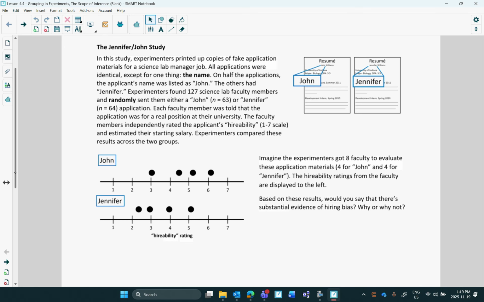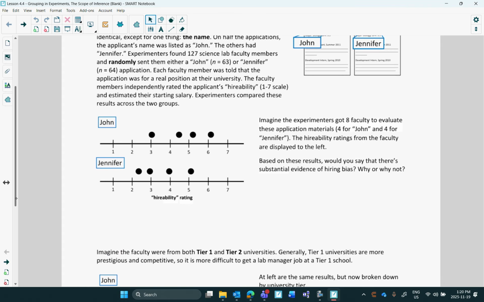Imagine the experimenters got just 8 faculty members to evaluate the applications, 4 for John, 4 for Jennifer. One would assume they randomly assigned them to the groups. The hireability ratings from the faculty are shown there: here are the 4 hireability ratings for John, and here are the 4 for Jennifer.